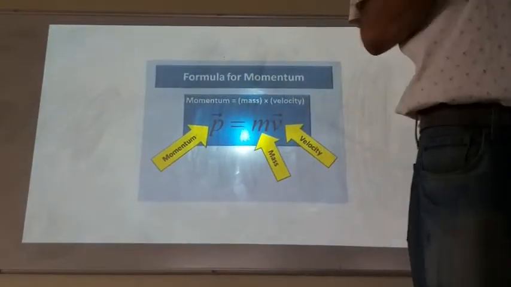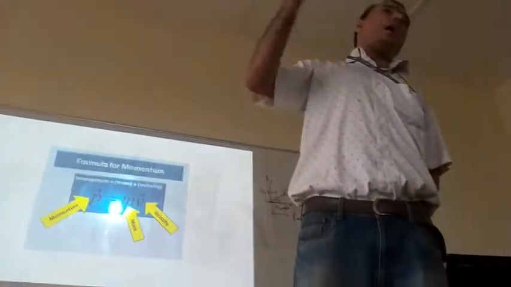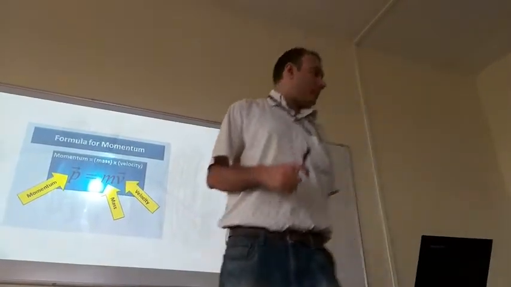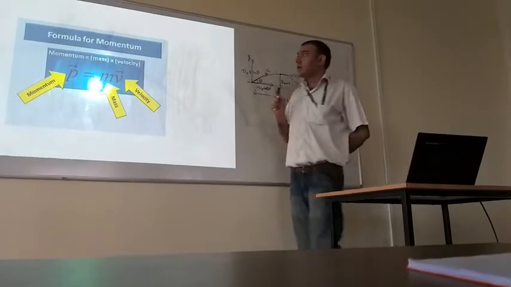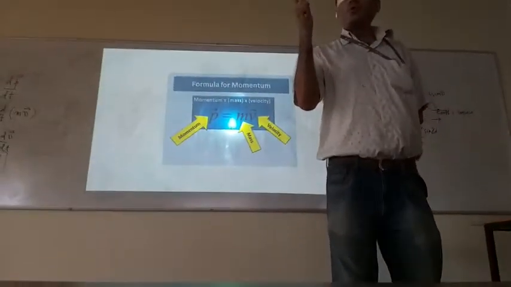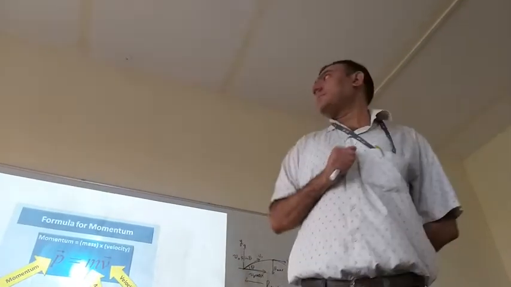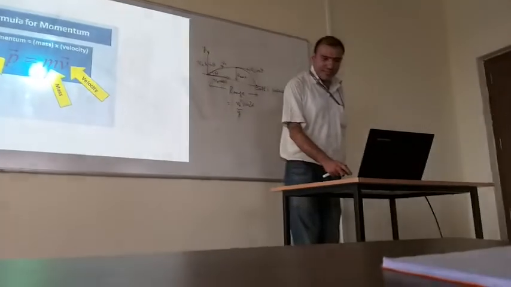Are the quantities you're talking about vectors or scalars? Because physical quantities are of both natures. So you must be clear as to what the nature of that quantity is. So momentum is mass times velocity and is a vector.